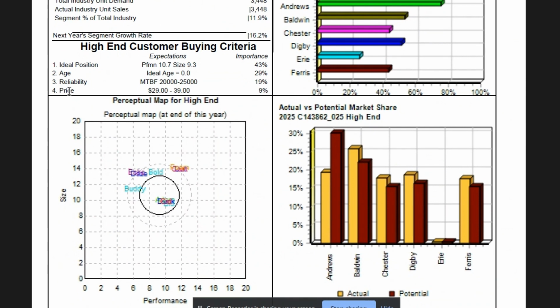Here they do not care about the price, they just want a high end product. So what my strategy was, you want to make the most income out of it. You want to charge the customers high, so their price range expectation is 29 to 39.